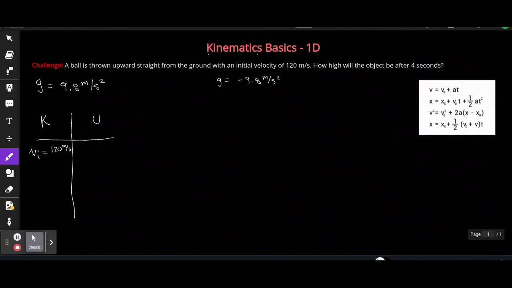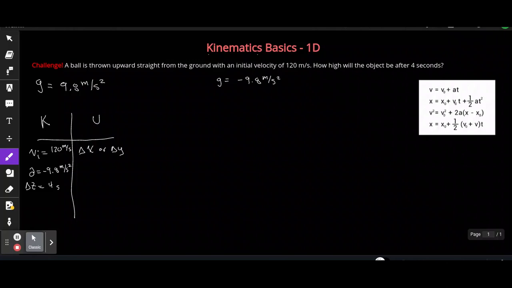Because this is a free fall on Earth, our acceleration is negative 9.8 meters per second squared, and our elapsed time is 4 seconds. The question wants us to find out how high our object will be. In this case, we can use delta x or delta y. Some people use delta y because this is in the vertical direction. It's still one dimension though, because we're not using both horizontal and vertical simultaneously.